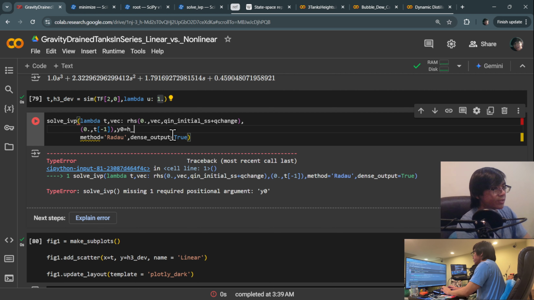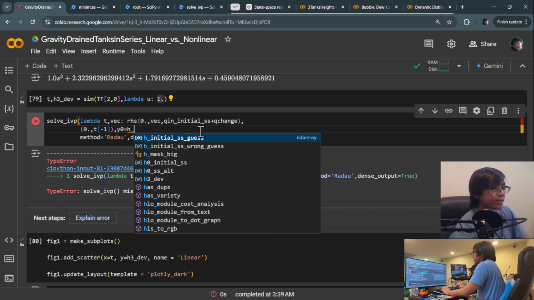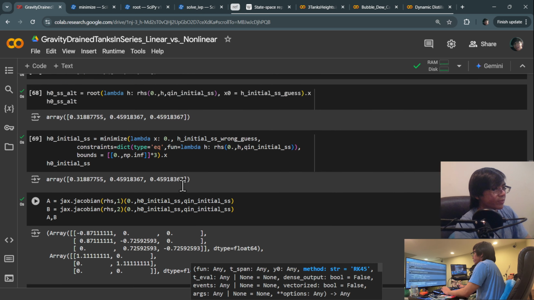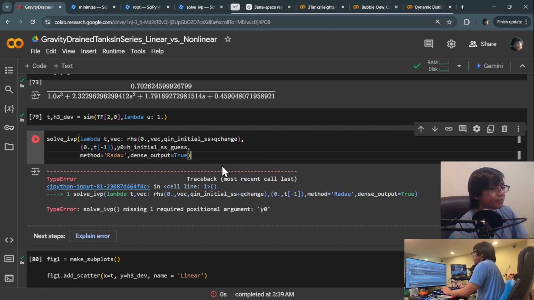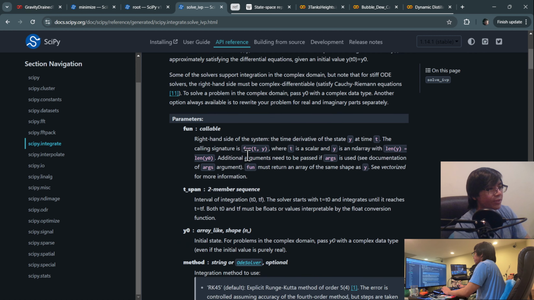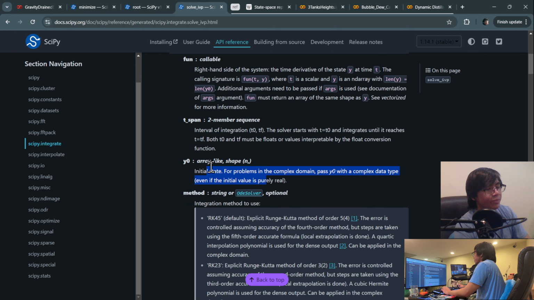What did I call this? SS guess? No, that's a different thing. No, this is not the guess. This is the initial values I'm putting in, right? Oh my goodness, what am I doing?